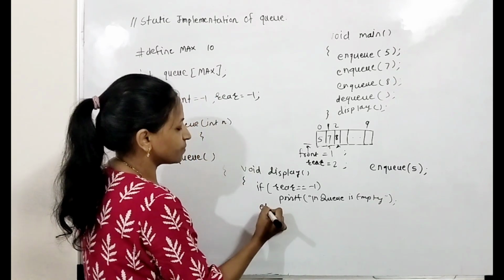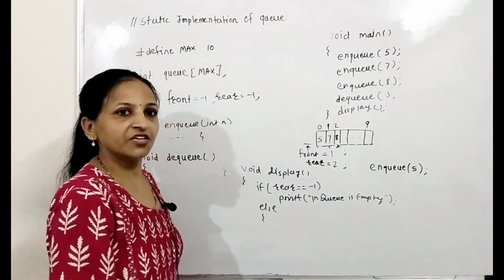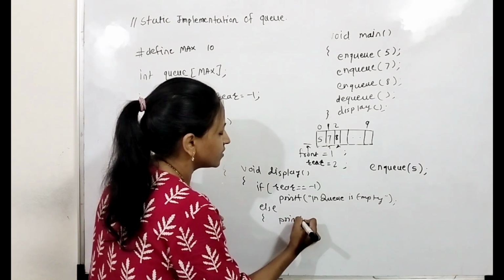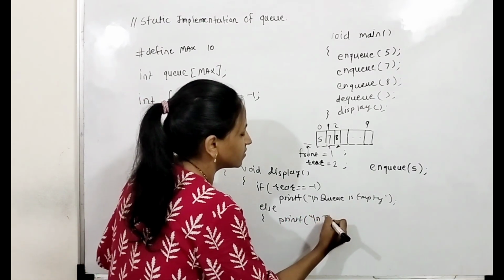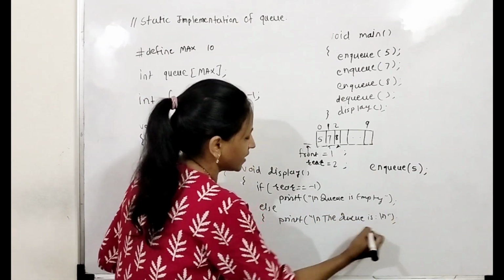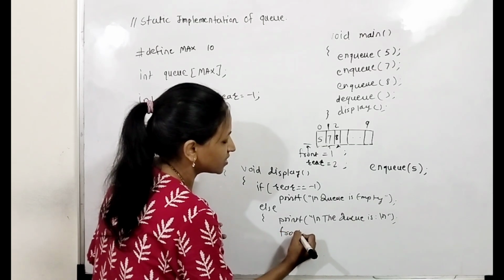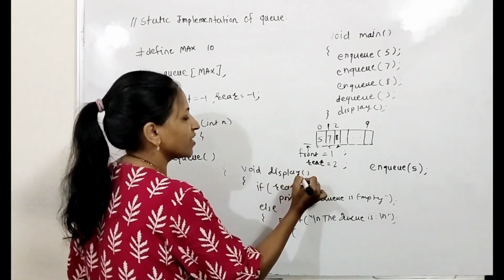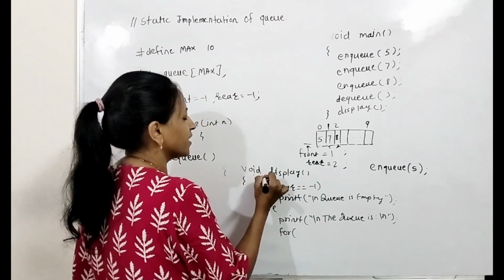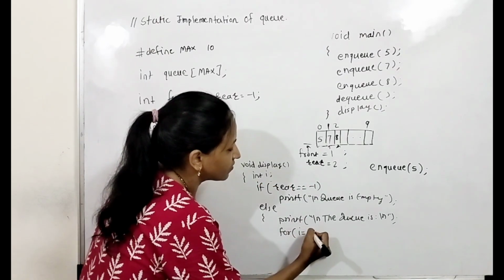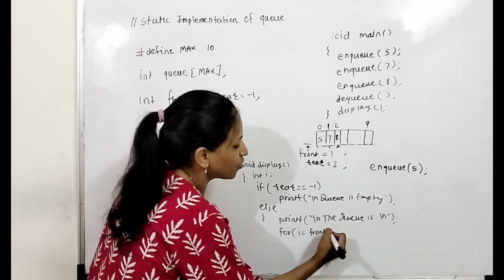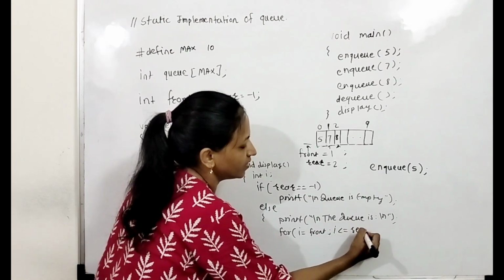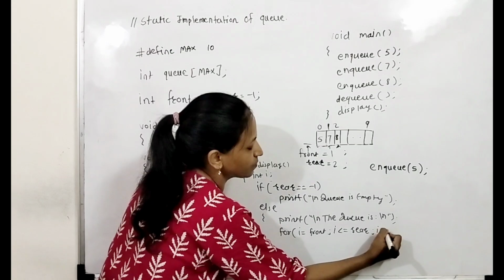Otherwise we have to display the elements sequentially from front to rear. Here we can write like this, printf the queue elements are, and from front to rear we will place a loop. Here we have to declare one integer variable i in the display function, like int i, that we can use here. i equal to front, we have to start from front up to less than or equal to rear, and i plus plus.